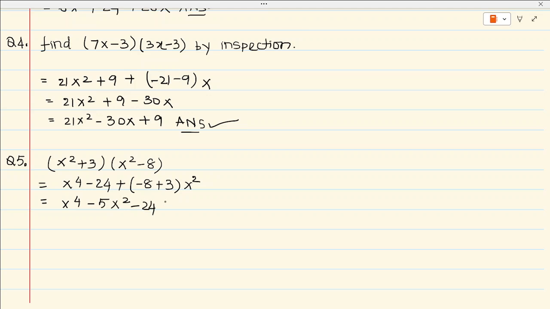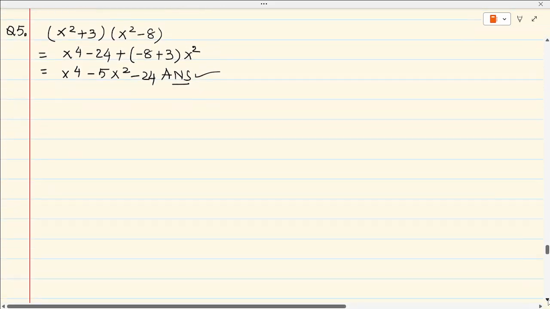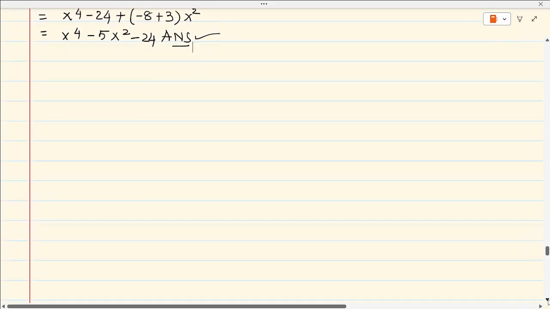So this is our answer for question number 5. I hope you are getting the solution, the process that we are taking up. So in this way you can take up more questions and solve them.